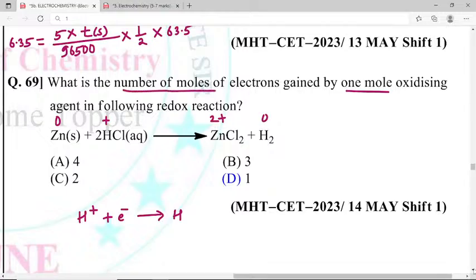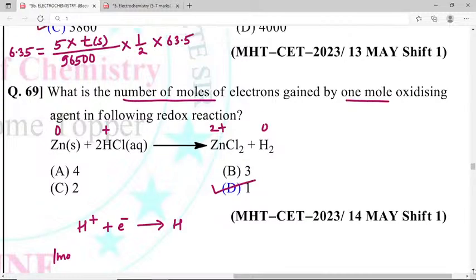Number of moles of electrons: hydrogen, 1 mole of oxidizing agent, 1 mole, gains 1 mole of electron.